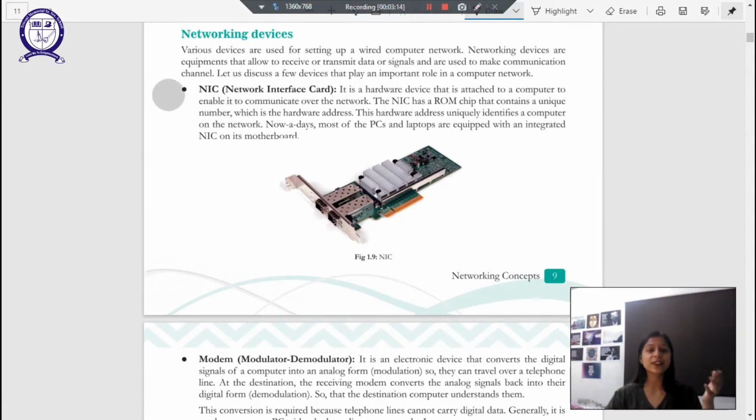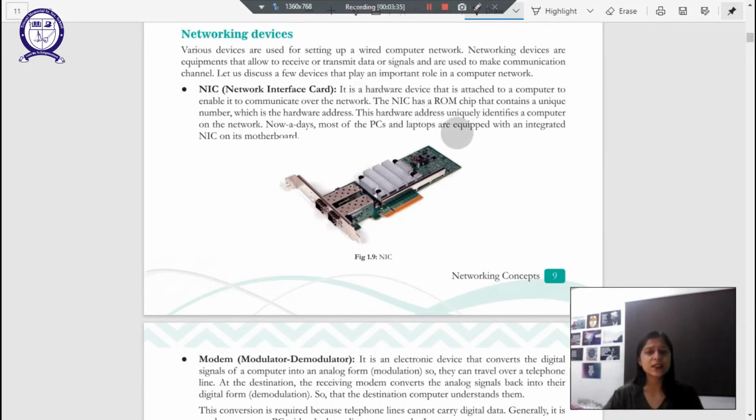The first we will discuss is the NIC, Network Interface Card. Earlier, this was a hardware device that was attached to a computer to enable it to communicate over the network. Now that is way back, at least a decade before, we used to have these additional NICs.